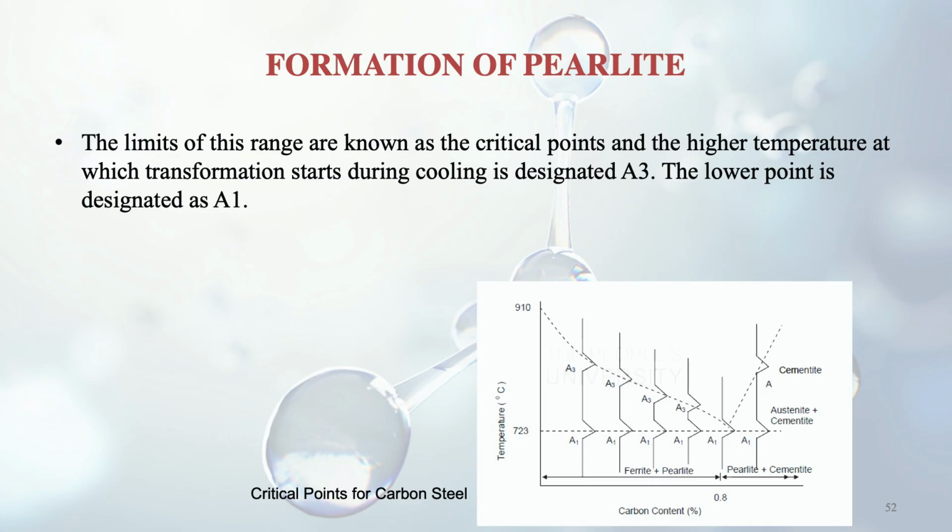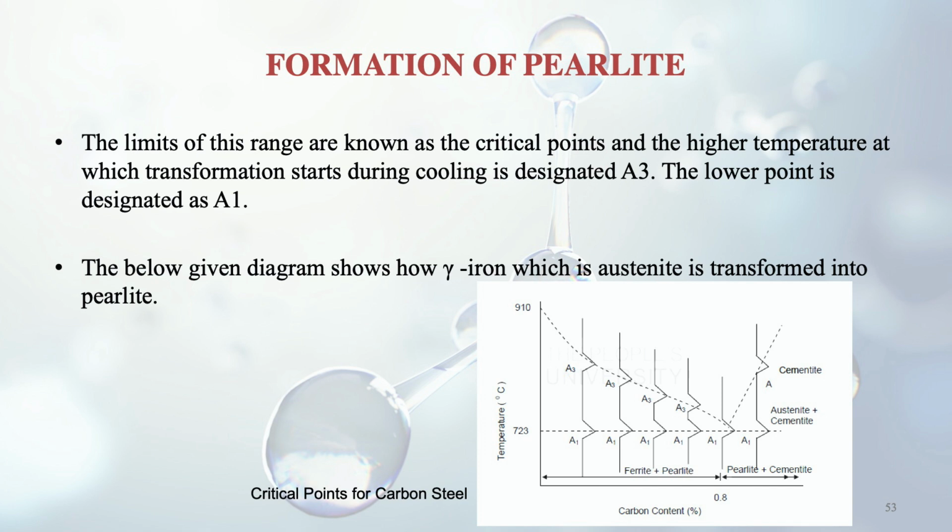The limits of this range are known as the critical points. The higher temperature at which transformation starts during cooling is designated as A3, and the lower point where the transformation finishes is designated as A1. In this figure you can see A3 and A1.